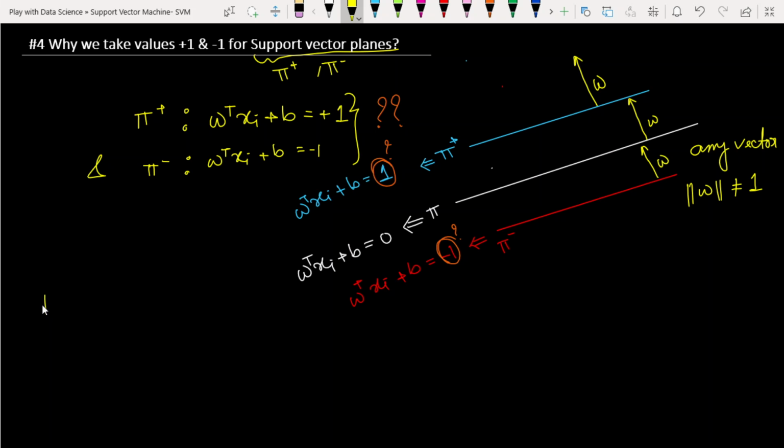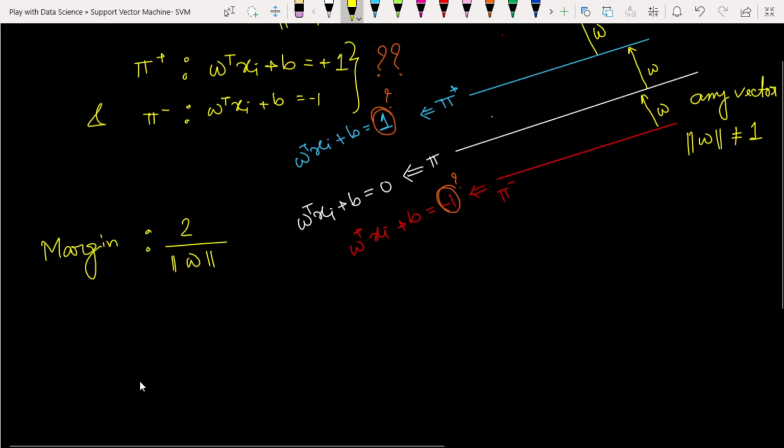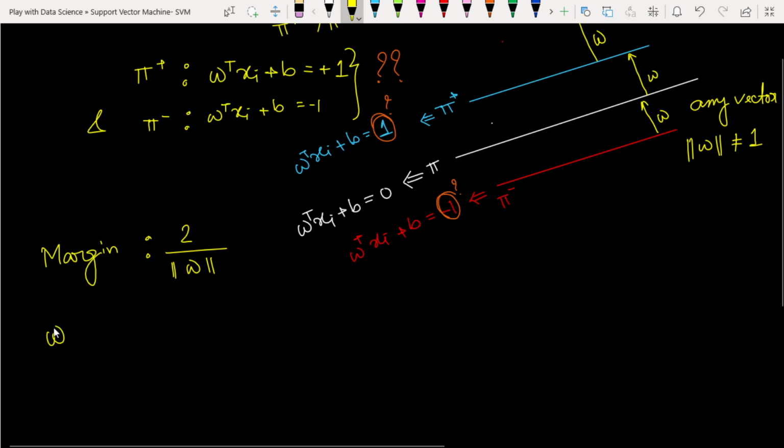So what do we get in support vector methods? What is our margin? We see that our margin is 2 by norm W. And what are our optimal parameters here? That is W star, b star. We got these from the optimal equations.